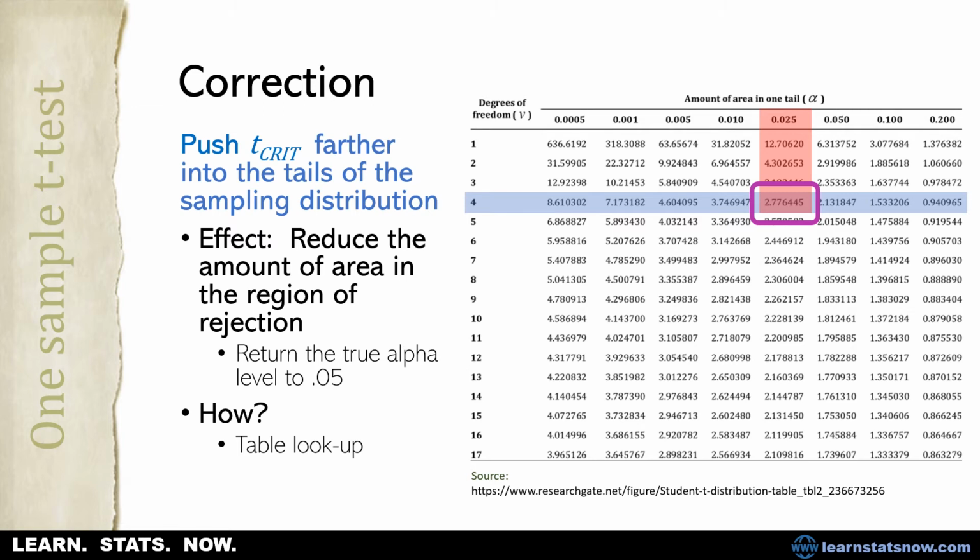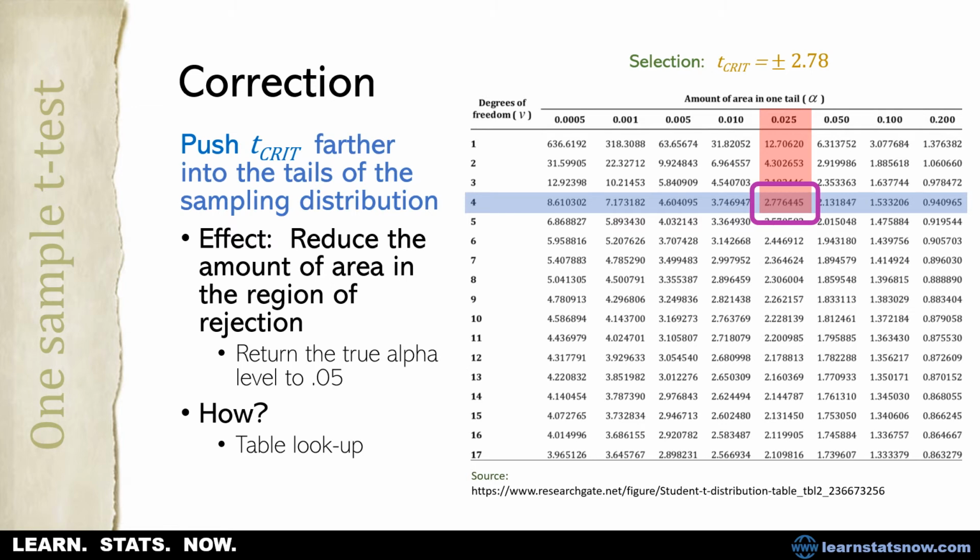That's a lot of digits to carry out. The critical value for t, we'll round, is going to be plus or minus 2.78. By adopting that critical value for t, we return the true size of the region of rejection back to alpha equaling 0.05.